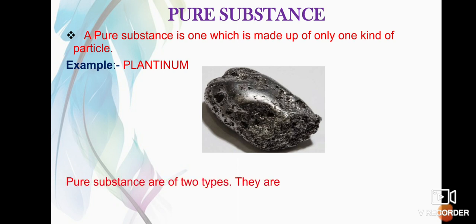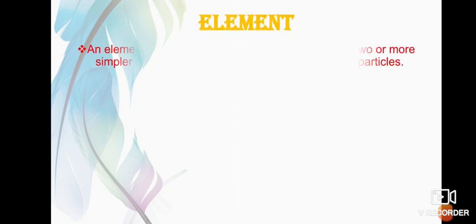Okay, so pure substances are of two types. What are they? One is element and the second is compound. Now let us discuss these types. First one is element. See, what is an element?